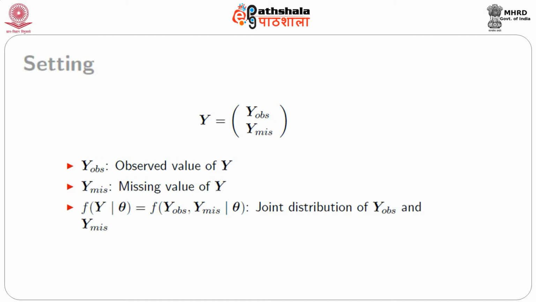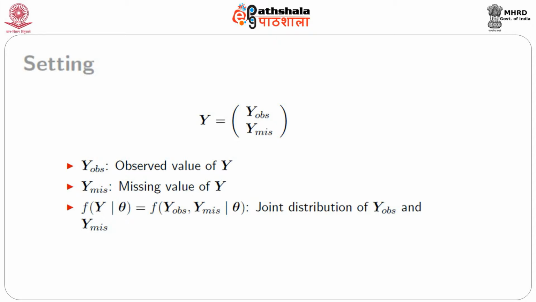Now, the density f(y | theta), where theta is the set of parameters, can be written as f(y observed, y miss | theta). So, that is the joint density of y observed and y miss.